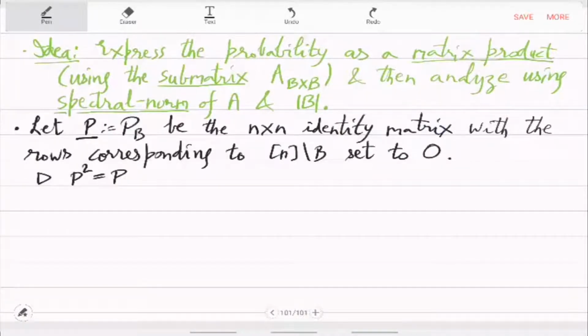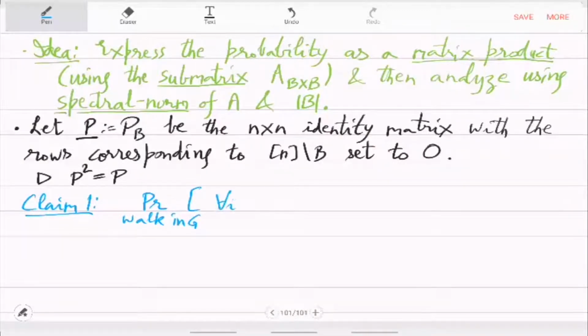A more interesting thing is that the probability in the walk that every vertex Vi is in B is exactly equal to the matrix product based on PA, k times.